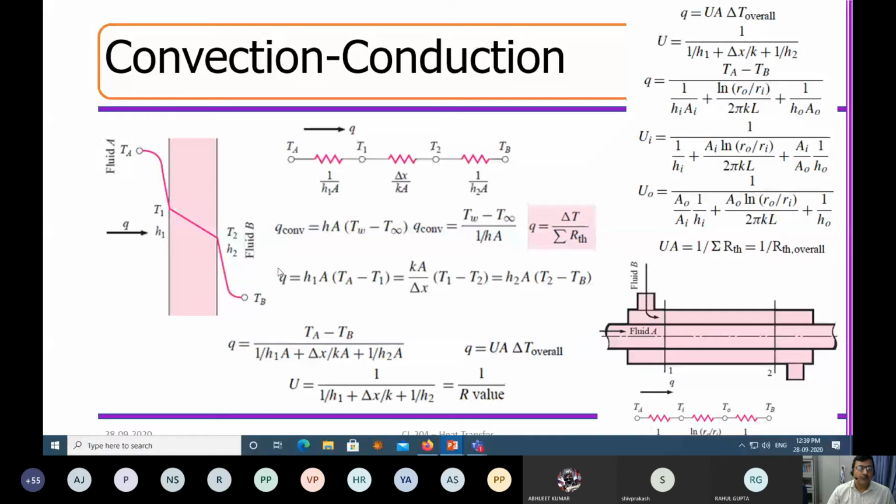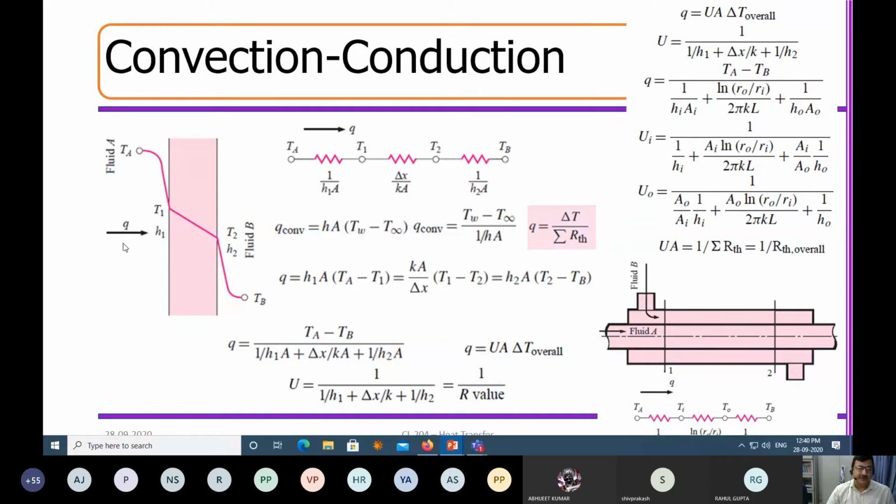So essentially, when the cold fluid is flowing, it is getting heated up from TB to T2, whereas when the hot fluid is flowing, it is getting cooled down from TA to T1. Now the temperature change from T1 to T2 is happening across this pipe wall.